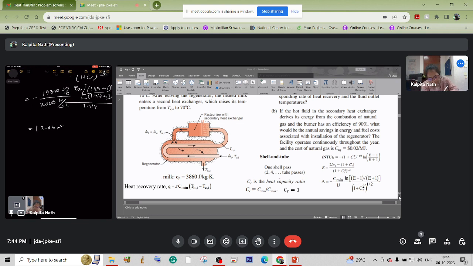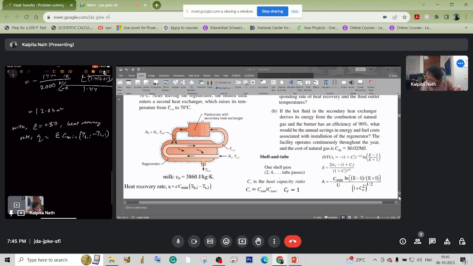Now, with epsilon equal to 0.50, we need to find the heat recovery rate. The heat recovery rate Q is epsilon C min times (THI minus TCI), right?